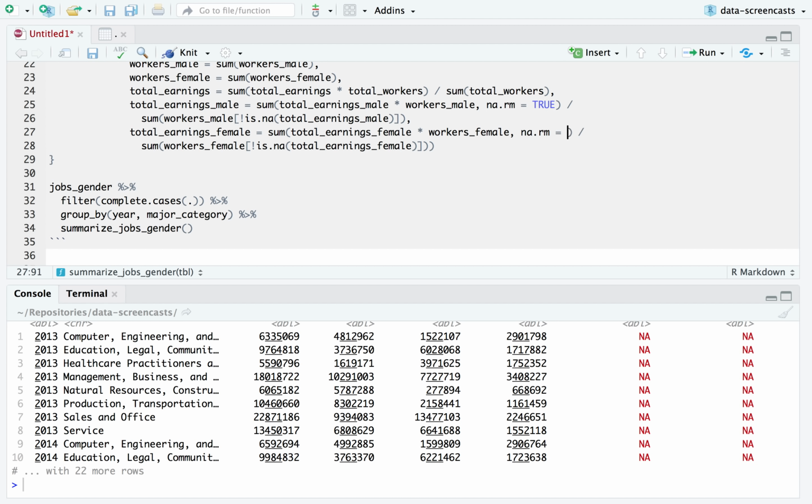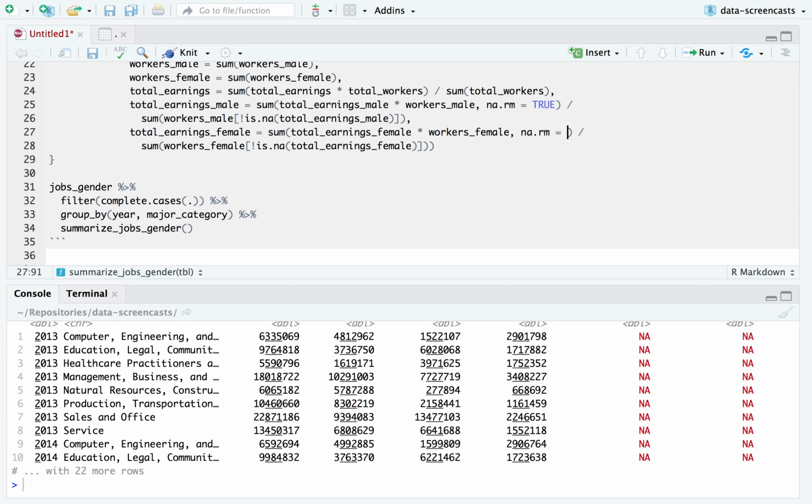Why is some, where not is NA total earnings male, it's as if this field were always NA, I would get this result, but it's not. Total earnings, all right, I'm going to try looking at one example.